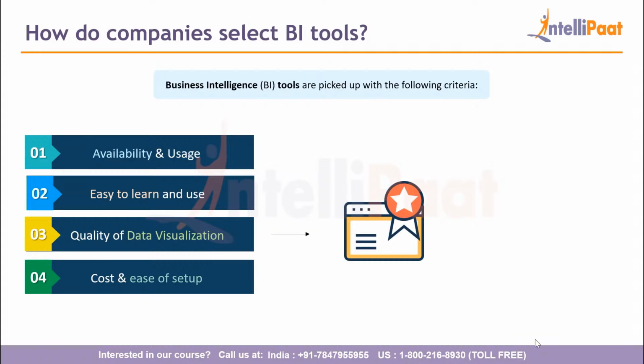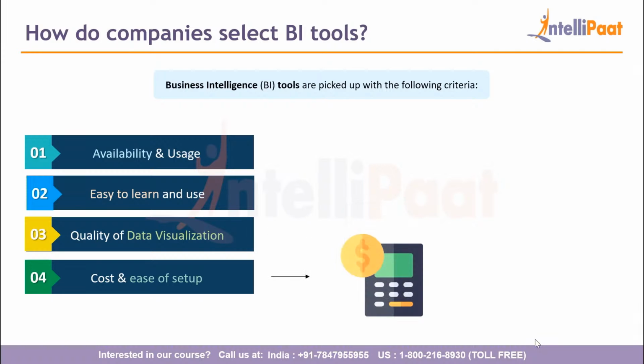It completely depends on the type of business or the business owner, which type of data visualization or which type of business they are dealing with, and then they select the BI tool. After that comes the cost and ease of setup. For example, if a BI tool is cheaper in comparison to other tools and it is easy to set up, companies definitely go for it because it has a cheaper cost and provides the same features that others provide.